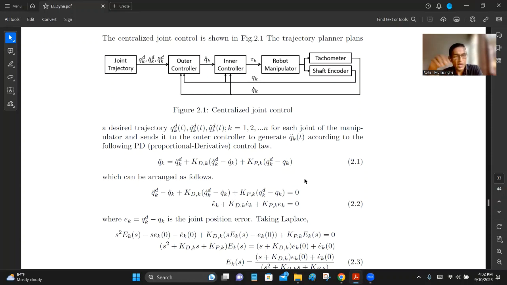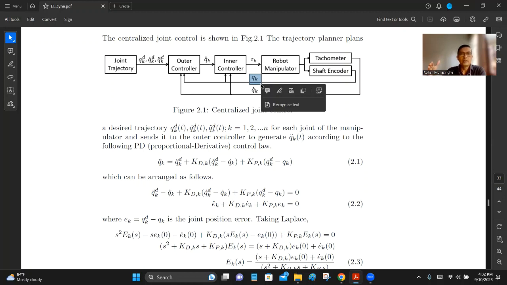Eventually, the profile is the position, not the velocity or acceleration, right? When there's a demand, okay, to follow a certain profile for a joint K, let's say QKD. So that is the profile generated for joint 1. An actual joint position is QK.